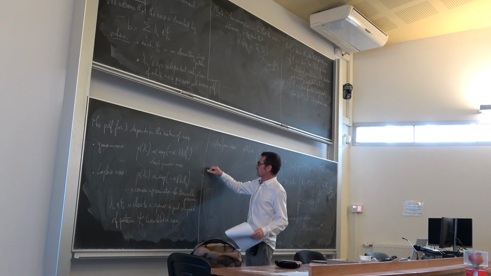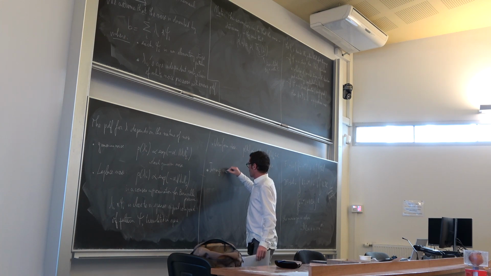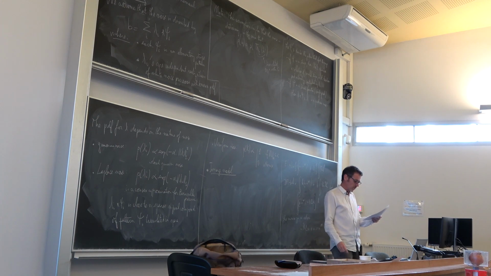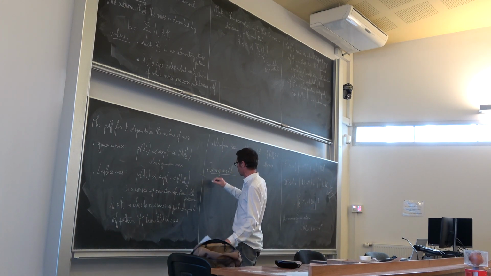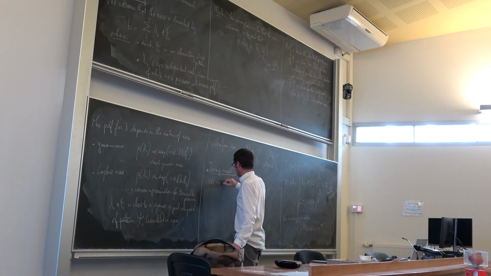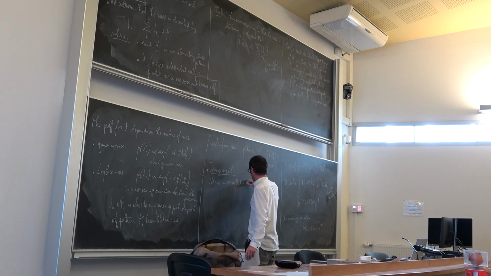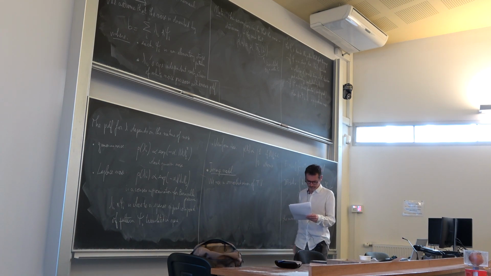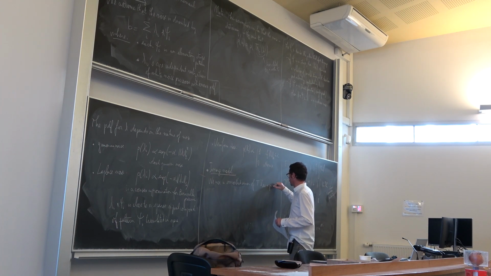In fact, I will not tell you the whole story, but what is my image model? We use a smoothed version of the total variation as a prior for the image.